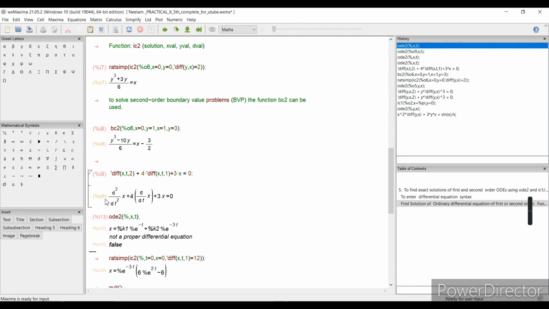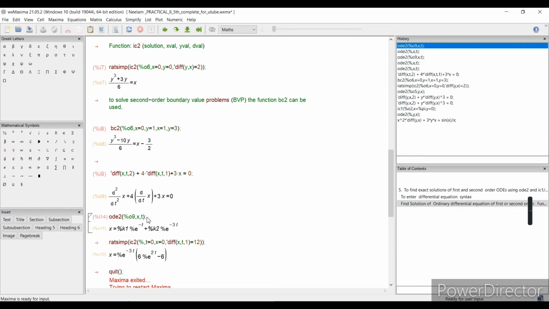This is because here I gave the label %o9 and I ran more commands here. So percent means it's taking just the previous input, and the previous input is not this differential equation. So I should change the label, then it will work here. So for this o9, my output is at the o9 position.